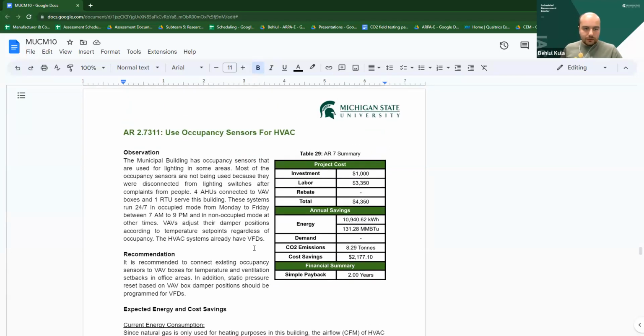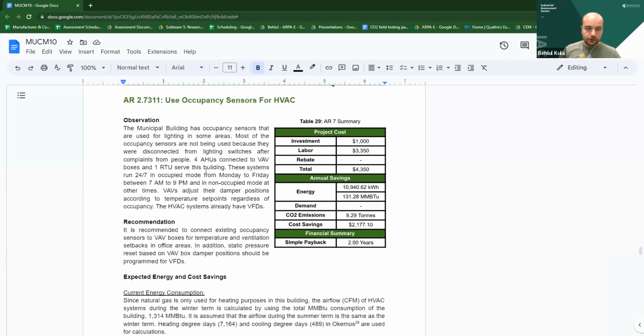Yeah, so this one is about using occupancy sensors for the HVAC system in the municipal building. We know that you already have occupancy sensors for lights in some areas.